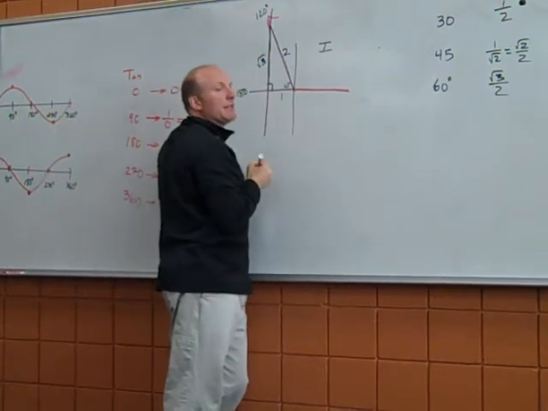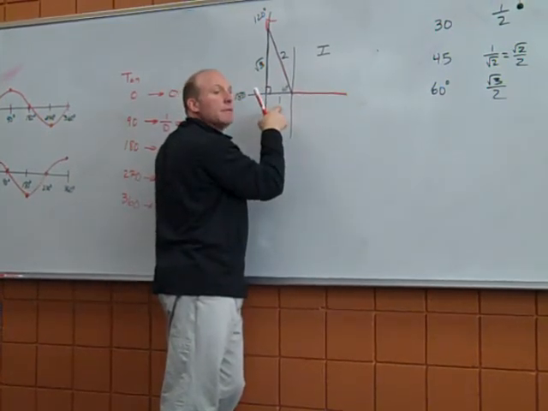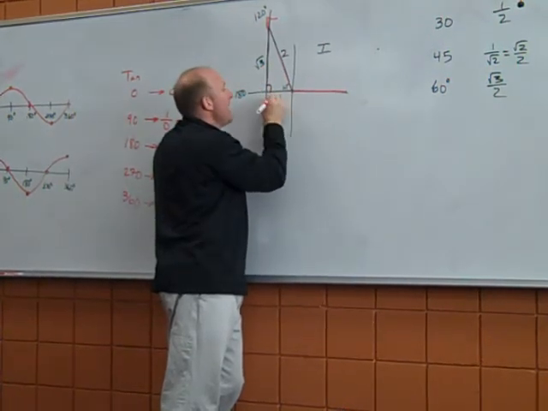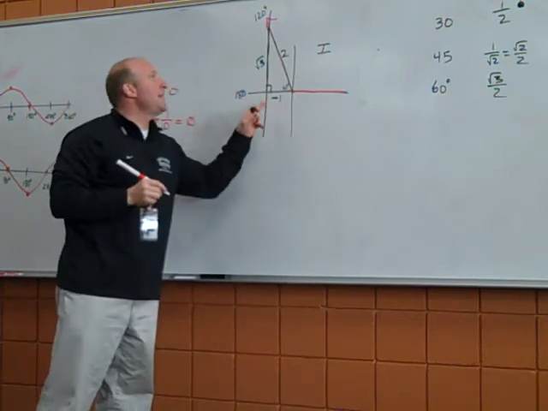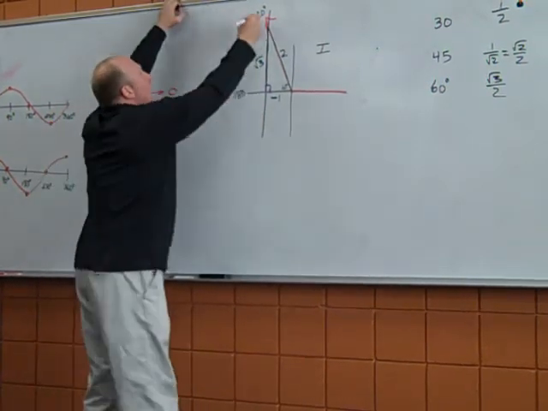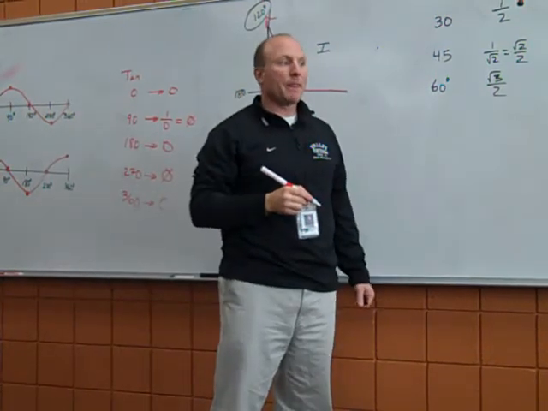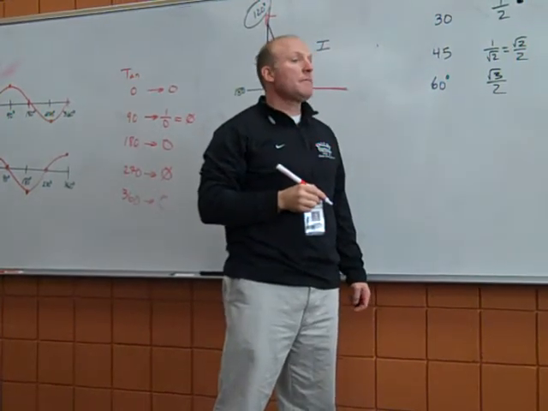The only thing that I'm going to disagree with is this one. It goes to the left, so it's negative. So what is going to be the difference between 120 degrees and 60 degrees? Cosecant is going to be negative 1 half instead of 1.